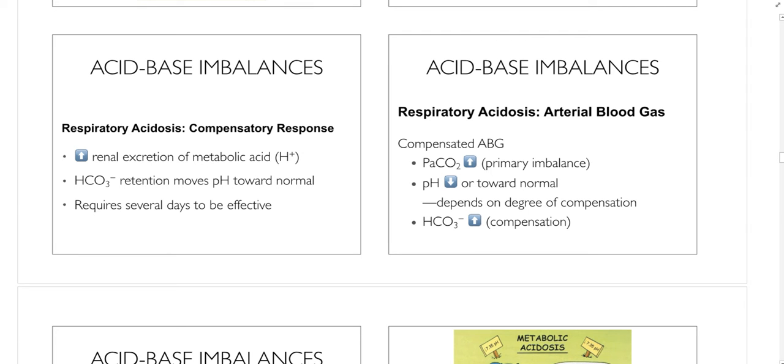So what's going to happen with respiratory acidosis when it comes to compensating for it? The kidneys are going to start kicking in. It's going to take a couple days, but they're going to start getting bicarb bound to the extra acids floating around from holding on to CO2.